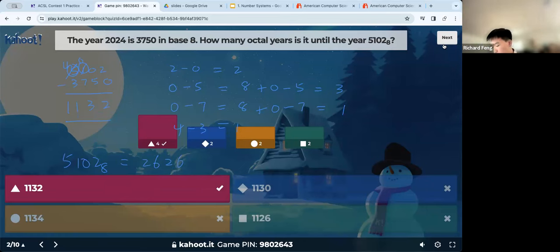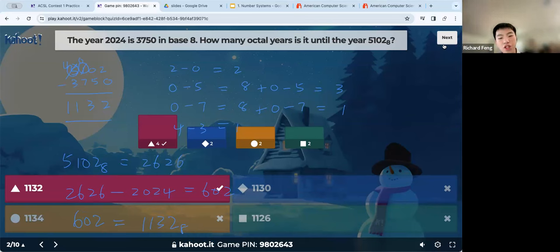And then you could just do 2626 minus 2024. This is in base 10, which gives you 602. And then convert 602 to base 8, since the question is asking how many octal years. So this is the same thing as 1132 base 8. So you will still get the same answer, which is 1132.